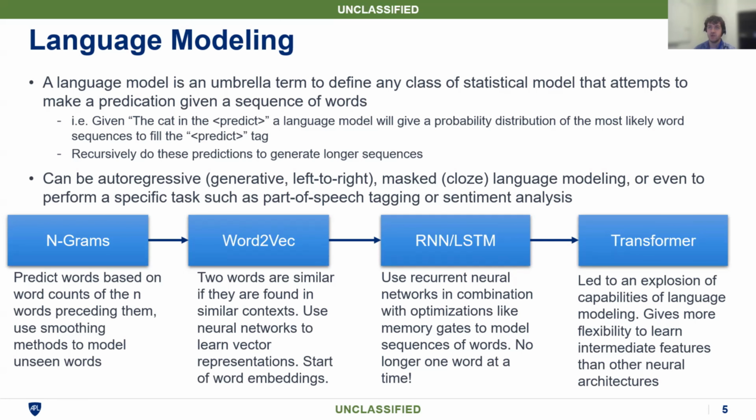This isn't necessarily the only type of language modeling. There are other types such as masked language modeling or cloze language modeling, as it's sometimes called, where instead you would be looking at "the blank in the hat", might be what you're looking at. And there you build out a probability distribution.